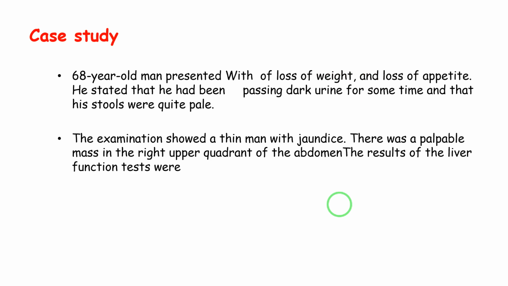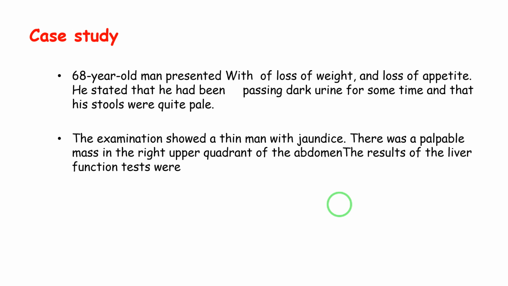This case study will illustrate how we can use the information we gained from this lecture to diagnose certain conditions. For example, we have a 60-year-old man presented with loss of weight and loss of appetite, which when present together sometimes hint that the patient may have cancer.